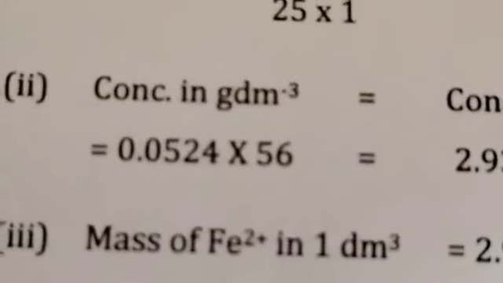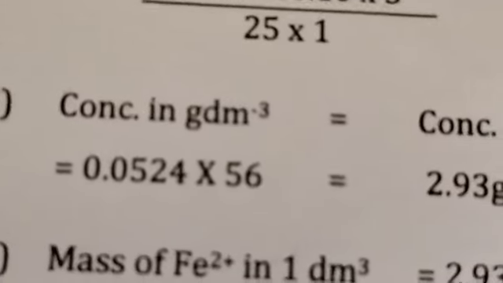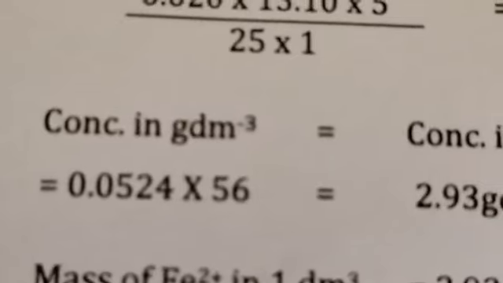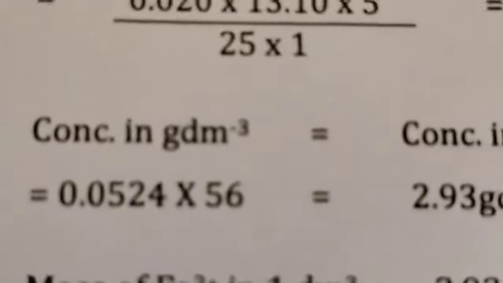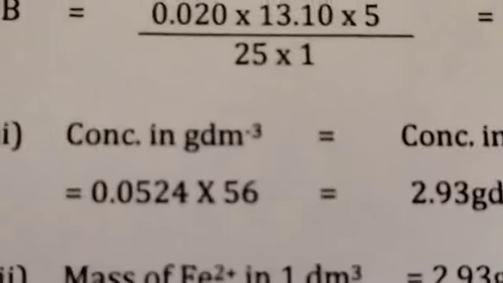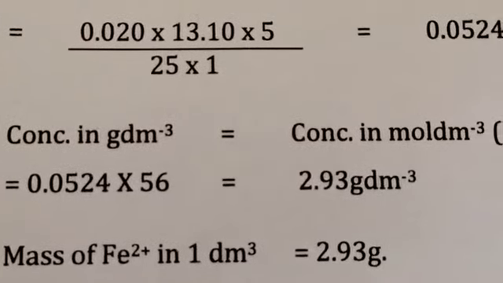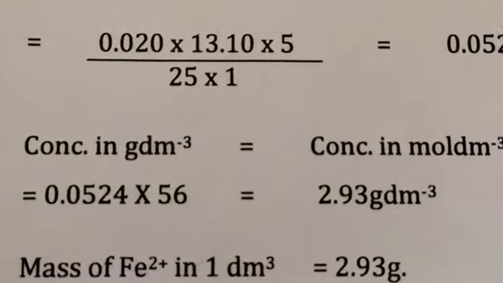So that iron is what you're using there, the atomic mass of iron, which is given to you in bracket as 56. Nobody gave you the mass number of FeSO4. Neither did they give you the atomic mass of sulfur or oxygen inside the bracket. So the concentration of B in gram per dm cube is 2.93 gram per dm cube.